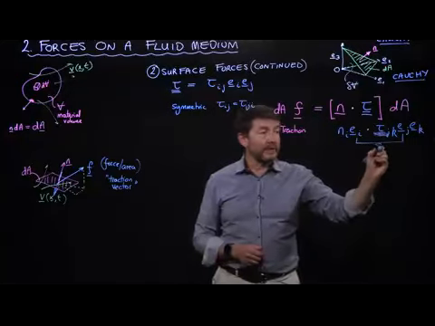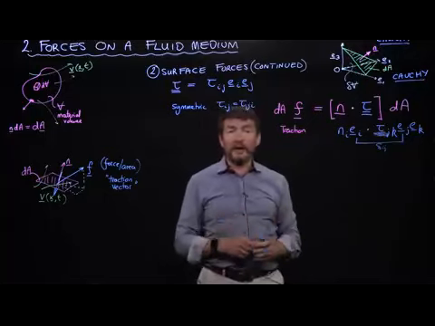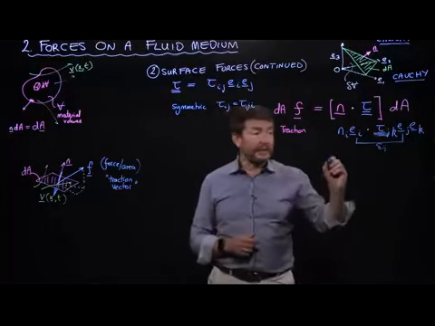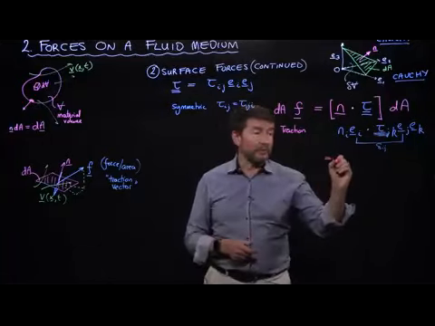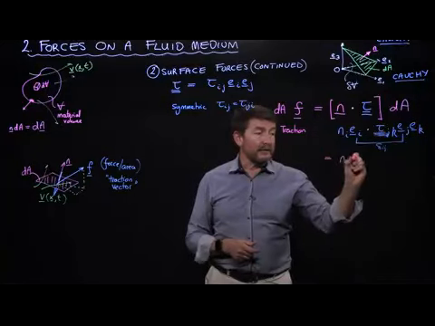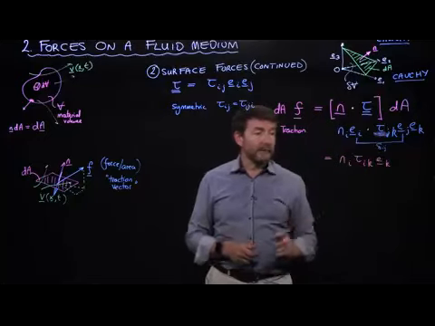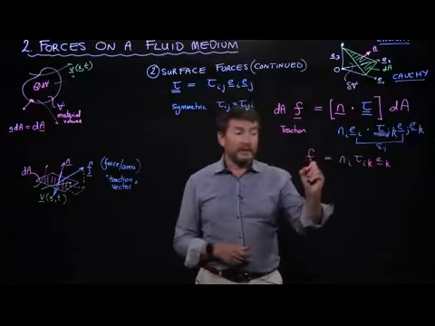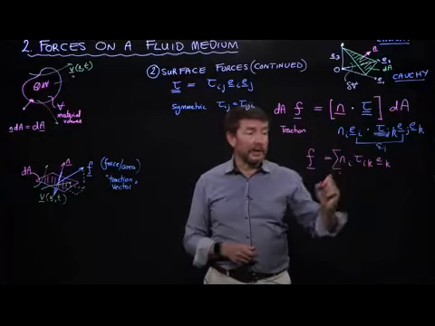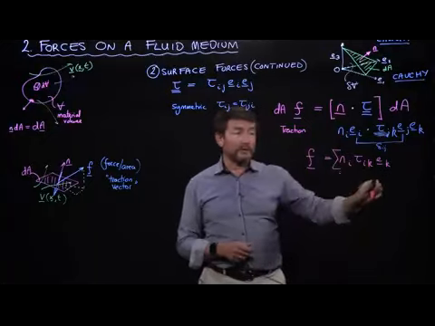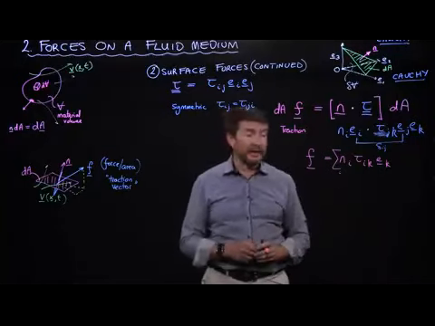This will give me delta ij, and this means that this is only non-zero when i is equal to j, so they're the same. So I can also write this at the end of the day as n_i tau_ik e_k. So it's very clear that this is a vector which has a summation over i of these different components, and a base index k left over.